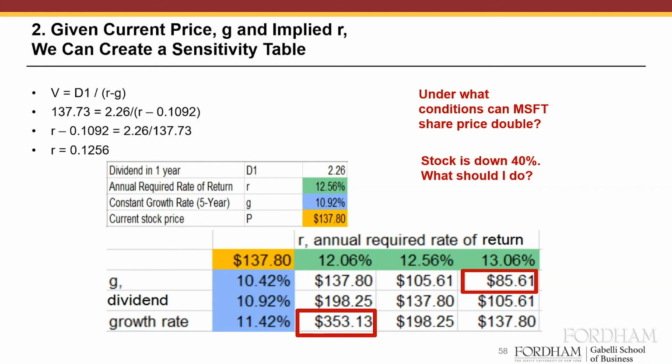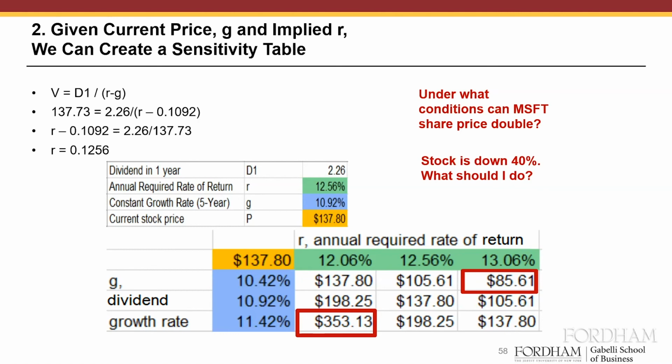So given the very strong financial flow, the cash flow, we could say that, well, I disagree with the market expecting the dividend growth rate to be cut by 0.5%. I think more likely it will stay at 10.92, while we accept that the discount rate could go up.